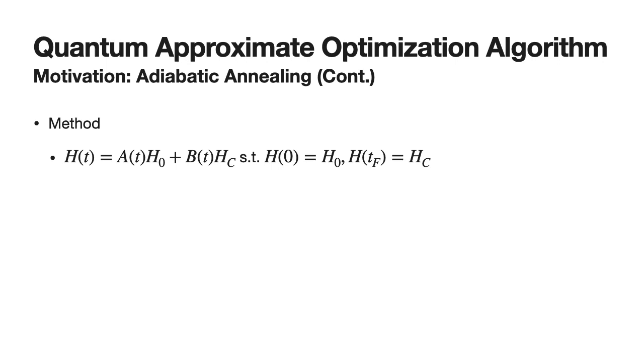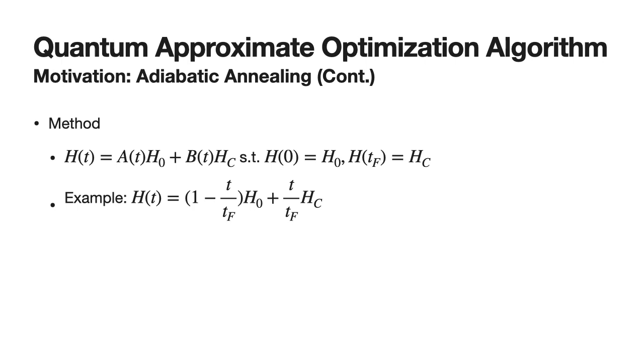If the annealing process is done slowly enough, obeying the adiabatic condition, then the system will ideally traverse the ground state at all times, ending at the ground state of HC, which solves the problem. A common choice is to use a linear annealing schedule like this, where Tf is the total annealing duration, and we smoothly interpolate between the initial and final Hamiltonians.